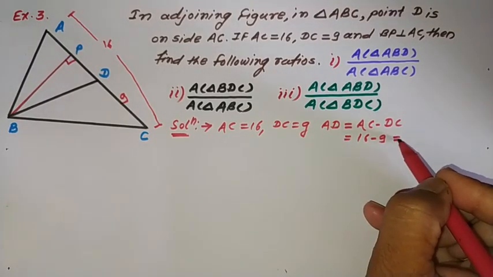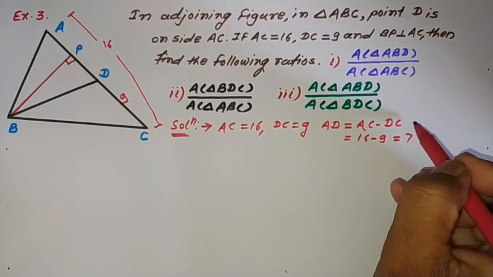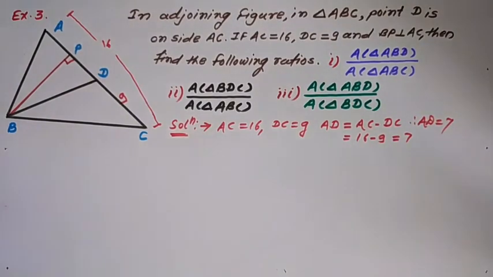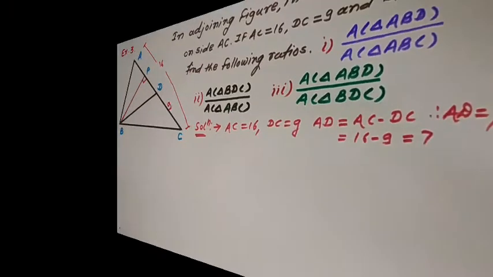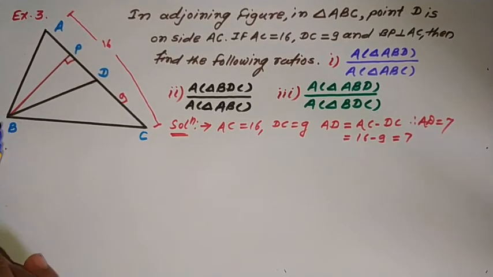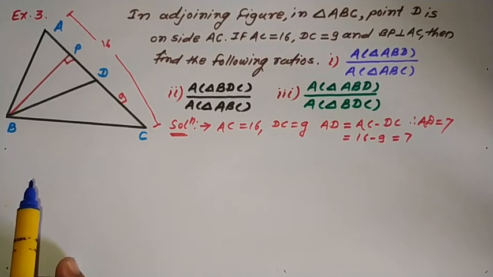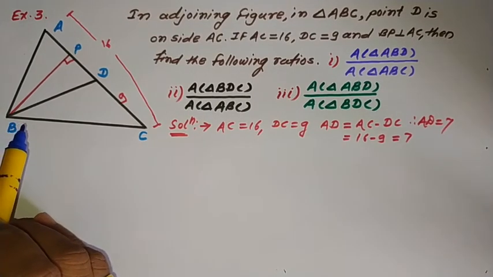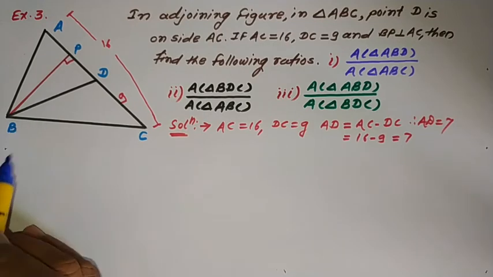The value of AD is 7. In the figure, B is a common vertex of all triangles. The heights are equal, and the areas of these triangles are proportional to their bases.